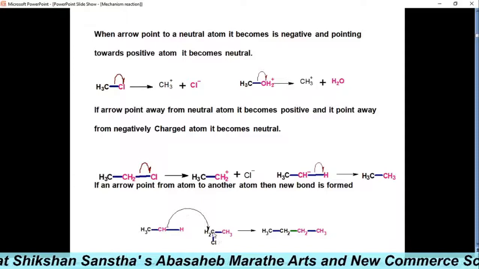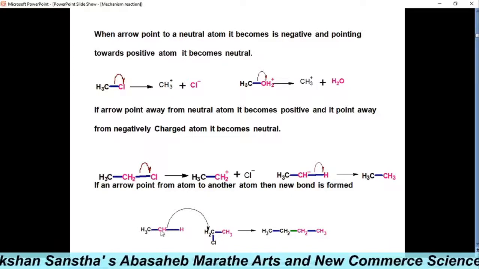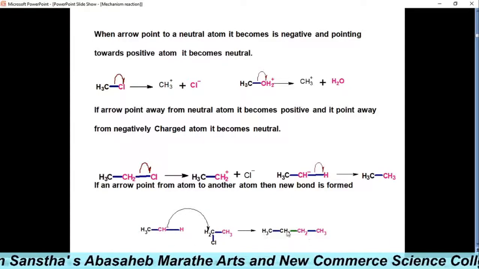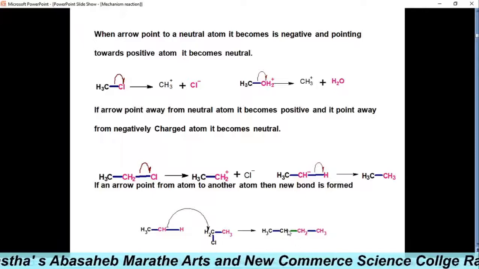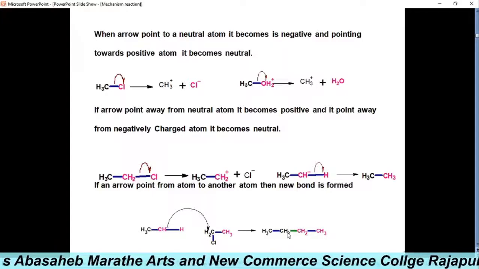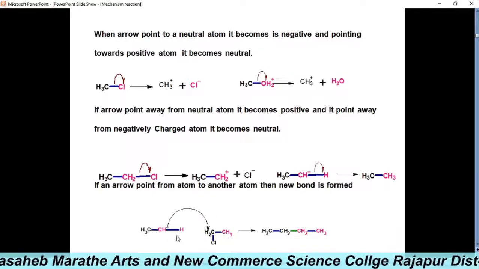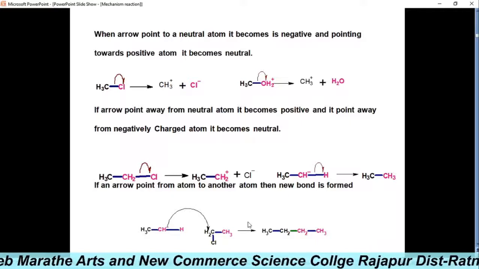This green colored bond shows the new bond formed between the two molecules.